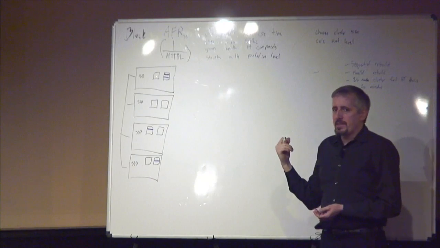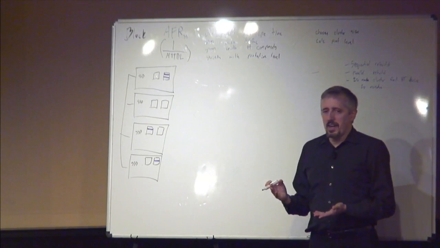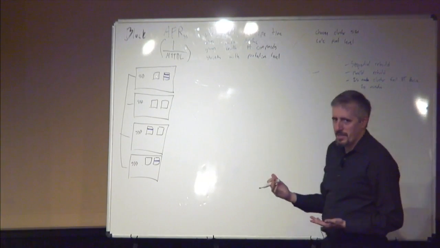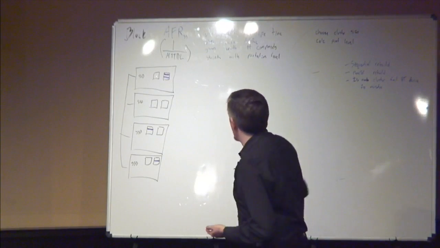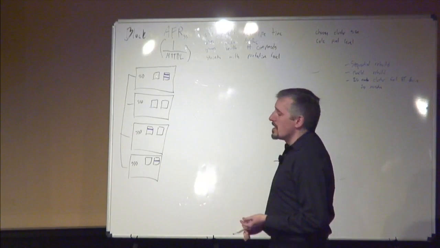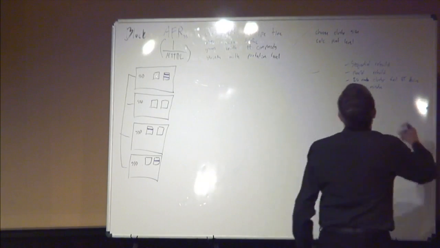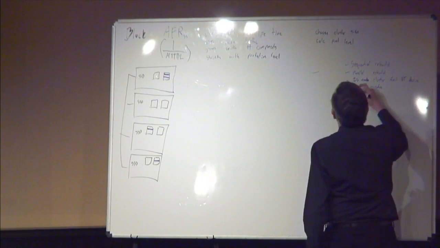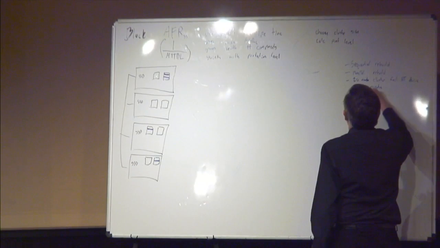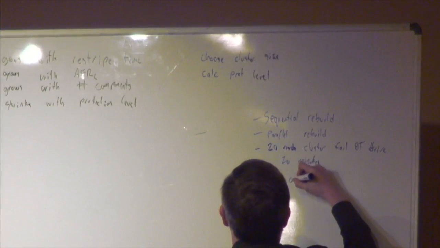This is faster than it takes to read an 8 terabyte drive by a significant margin. So it gets a very fast restripe time, and another benefit I should put is that it has a low overhead during restripe.